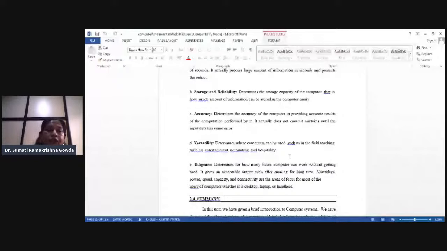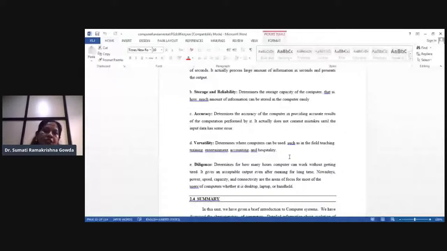Serial people will use it for designing serials. In accounting, they'll use it for calculating payroll. Hospitals, hotel management, training, railways, airways, everywhere. So it is called versatile, meaning many purposes.